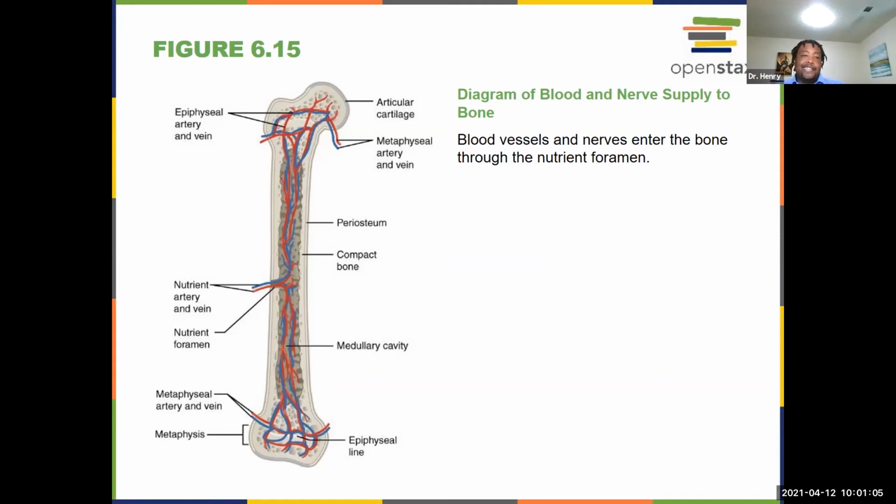You know, hey, I just knocked my elbow on the table, and so my funny bone is acting crazy, right? So we're going to be integrating these systems together. The skeletal system is also going to be integrated with the vascular system, and then also the nervous system.